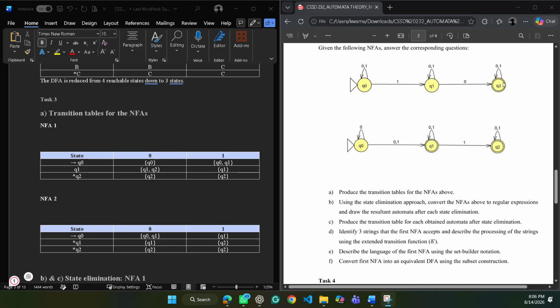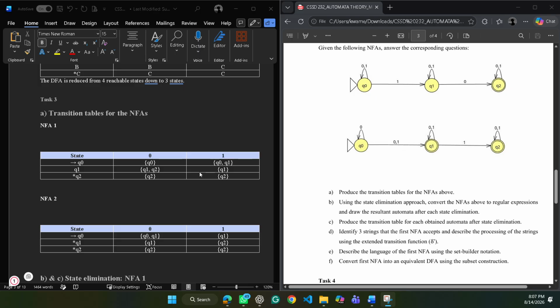Q2 here is the accepting state, and we use an asterisk or the star sign to tell the person automating the machine that Q2 is where the accept state is. Q2 on 0 and 1 still points to Q2 at the same time.